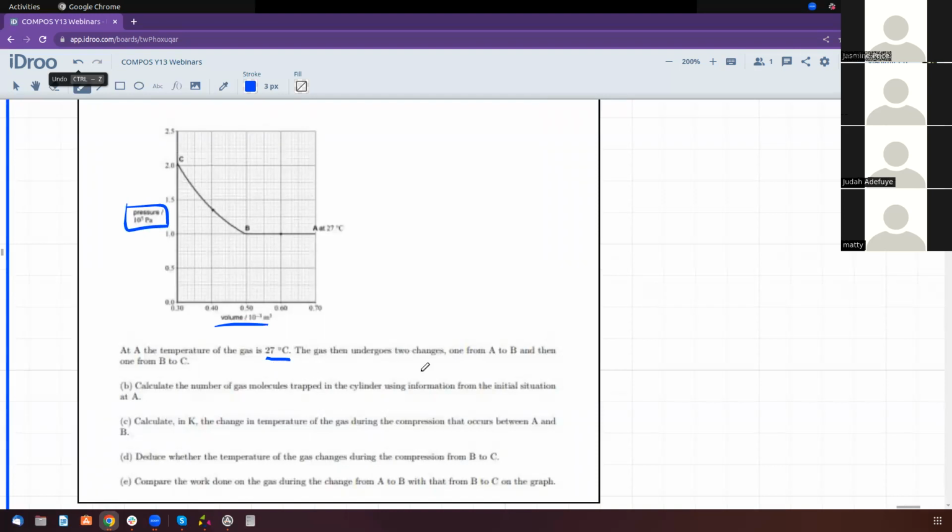The gas undergoes two changes, from A to B and from B to C. Calculate the number of gas molecules trapped in the cylinder using the information from the initial situation at A. Okay, at A. So we have PV equals nRT. So n is PV divided by RT.